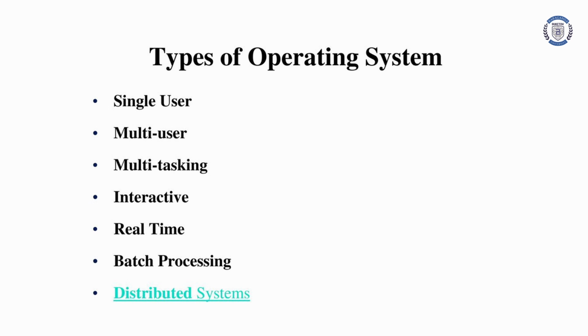Single-user operating systems have no facilities to distinguish users, but may allow multiple programs to run in tandem. Multi-user operating system permits multiple users to interact with the system at the same time. The example of single-user and single-tasking operating system is MS-DOS.